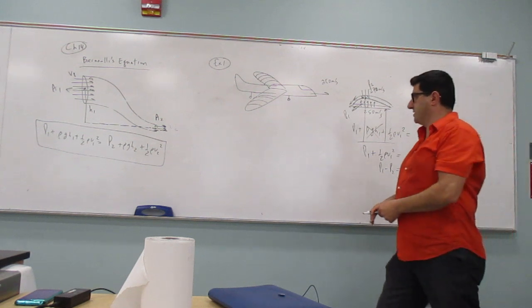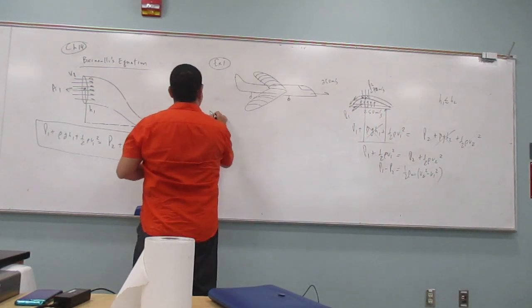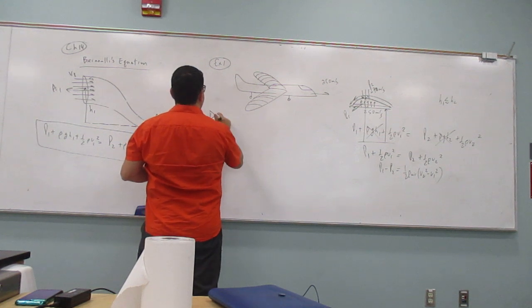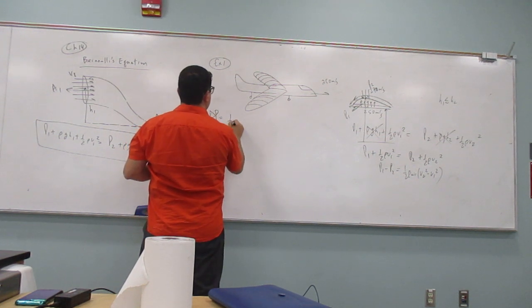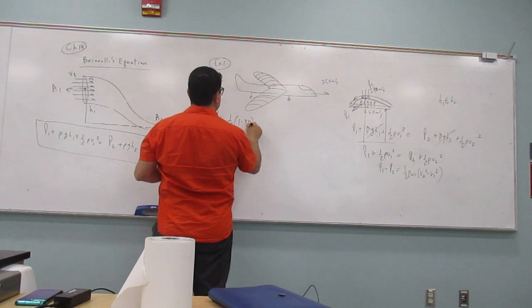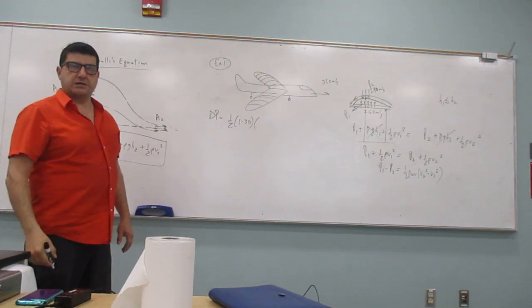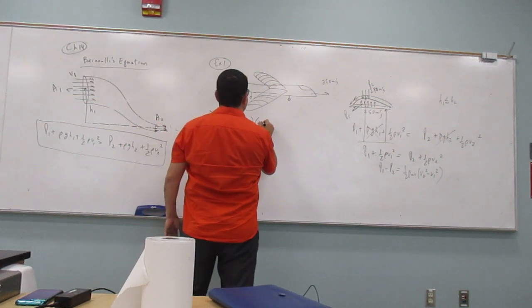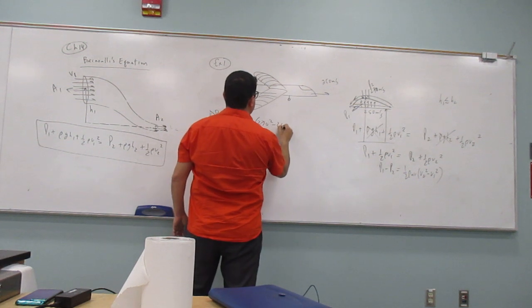So now let's calculate what that is. Delta P, what's the density of air? 1.30, right? And then let's say 270 squared minus 250 squared.